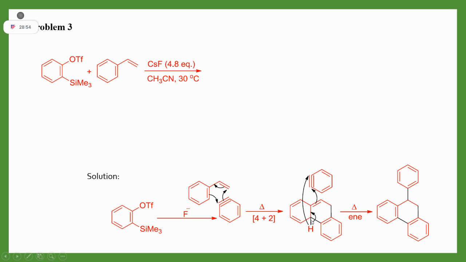But what is the possible reason of the allylic hydrogen going from here? That aromaticity of this ring is coming back, yes or no? Therefore, instead of these two allylic hydrogens, this ring junction hydrogen is going to take part in your ene reaction. Understood? Yes or no?